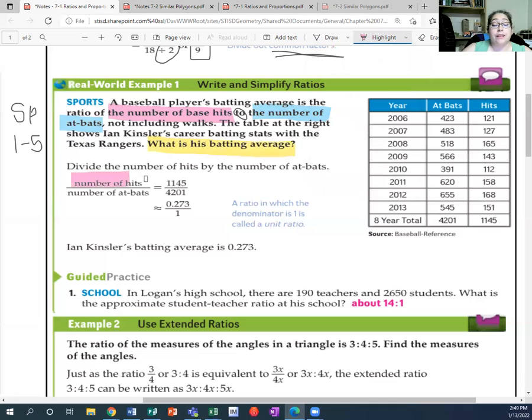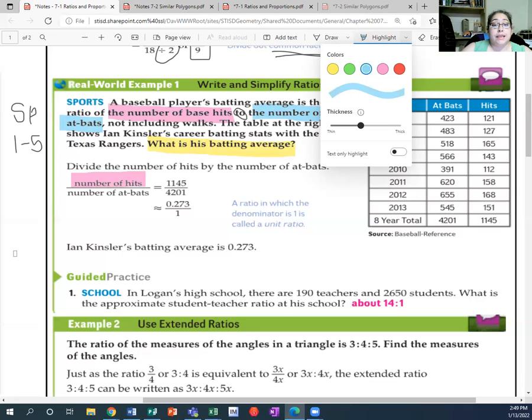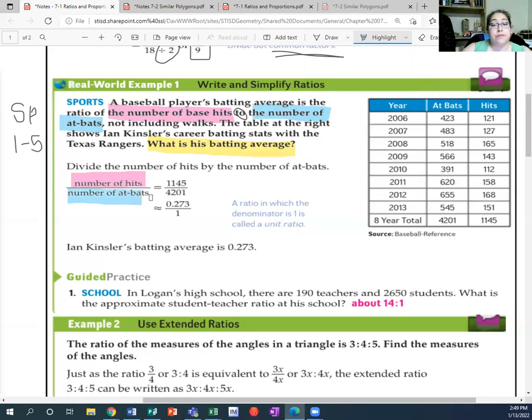That's going in the numerator of my fraction. The number of at-bats then is the denominator, the number I'm dividing by. Looking at my chart, I find my at-bats and my hits, and I'm going to take the numbers at the very bottom because they want his total batting average. So I put those two in the right order, and then do some division.